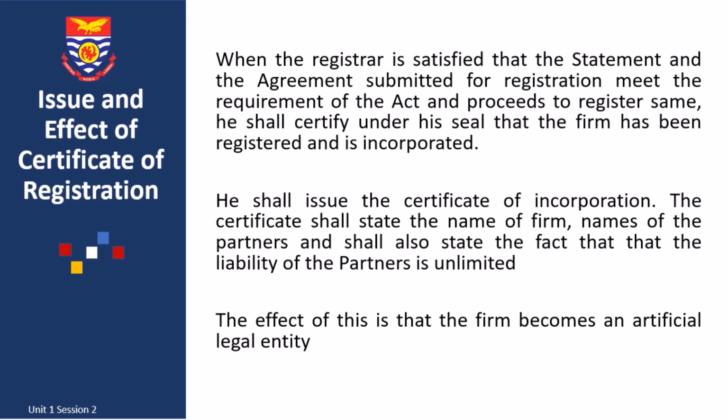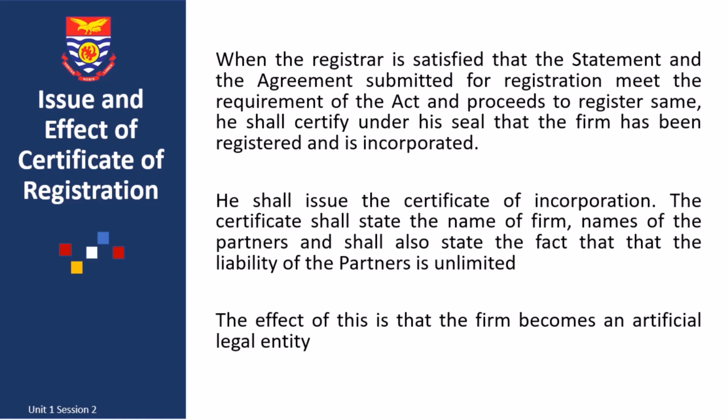If the partners have met the requirement under Act 152, the registrar shall proceed to register the partnership firm. He shall proceed to satisfy under his seal that the firm has been registered and is incorporated.